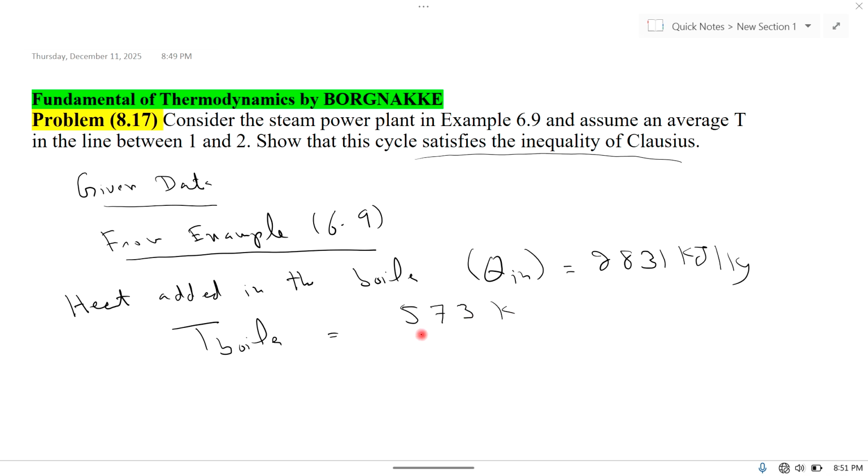This 573 Kelvin is available in degrees centigrade, but I converted it into Kelvin.